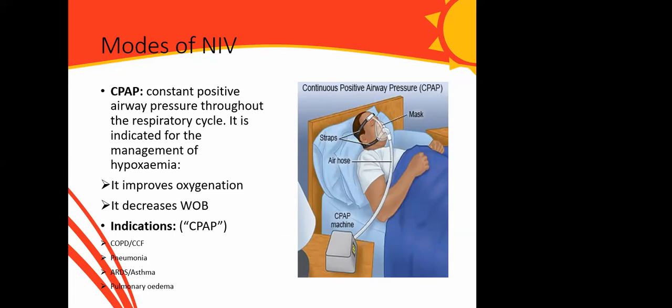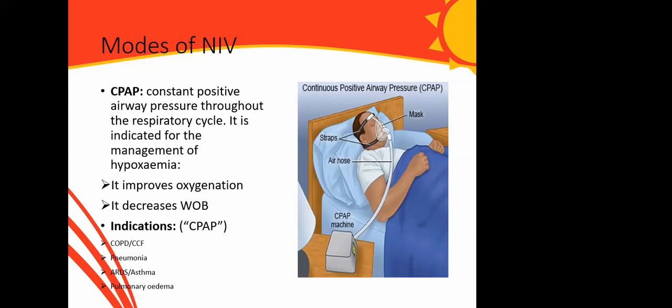Like mnemonics, you can see the mnemonic. If you're asked what the indications for CPAP are, you just write CPAP. C is for COPD, patients with chronic obstructive pulmonary disease or chronic obstructive airway disease. The second C is for congestive cardiac failure, because CPAP augments oxygenation and reduces the work of breathing, which is not good for patients in heart failure.